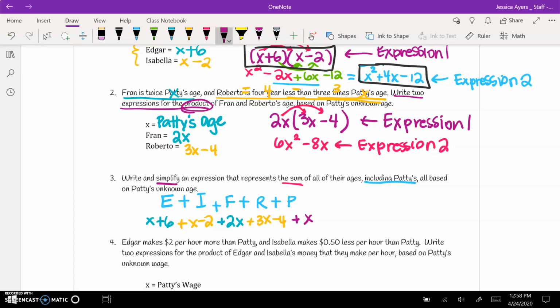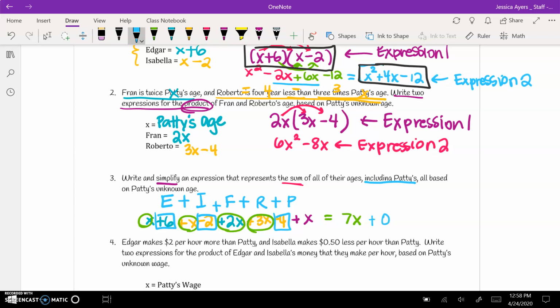Simplified means I need to combine all of my like terms. So x plus 2x plus 3x will give me 7x. Remember, when you're adding like terms, you just combine the coefficients and leave the variable. And then I will do plus 6 minus 2 is 4, minus 4 is 0.